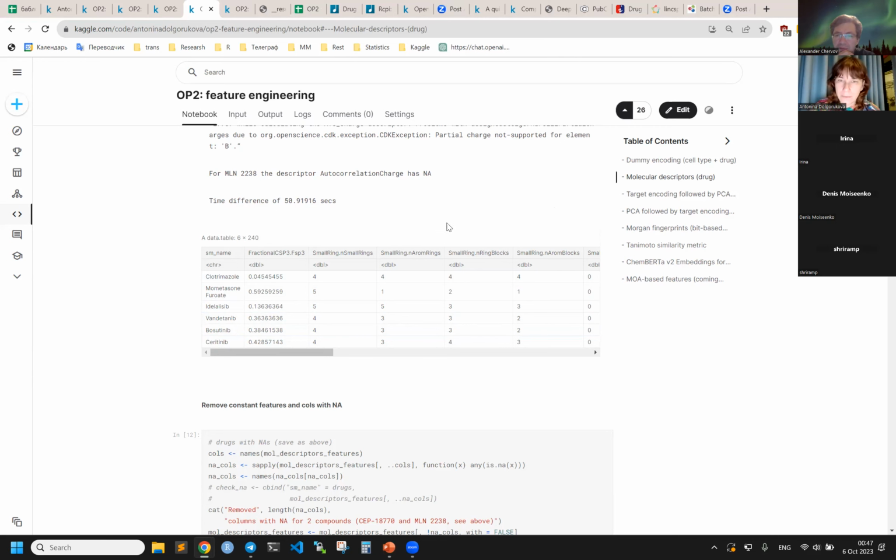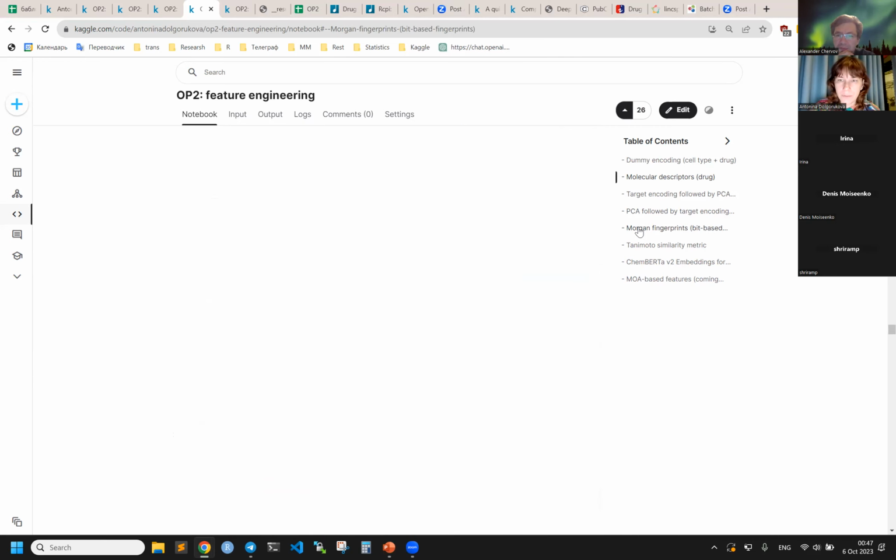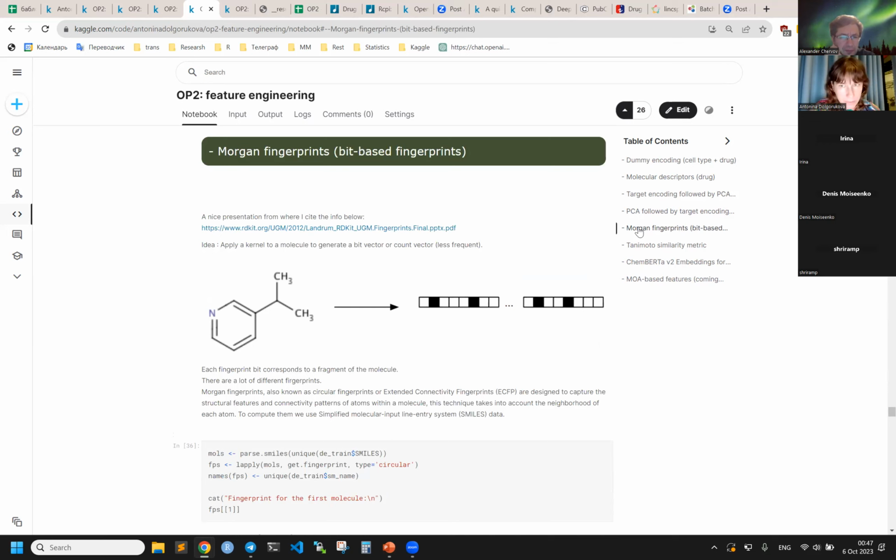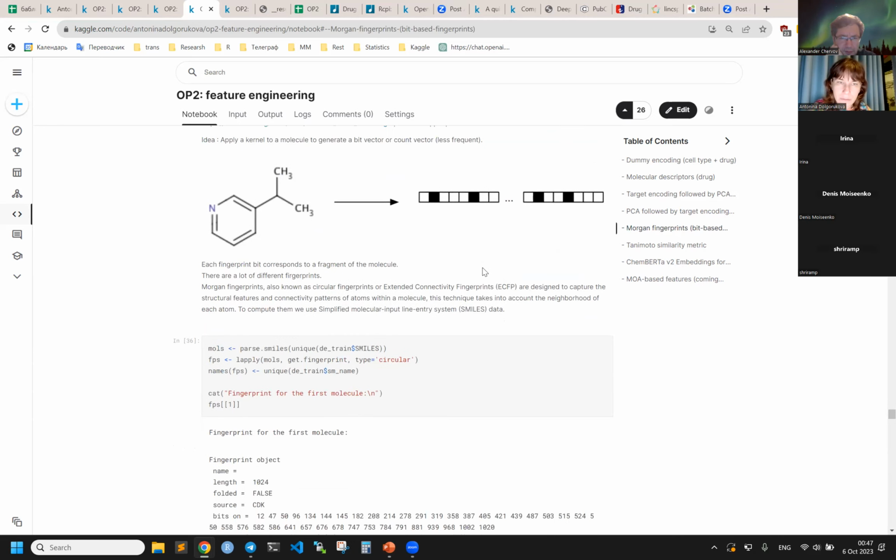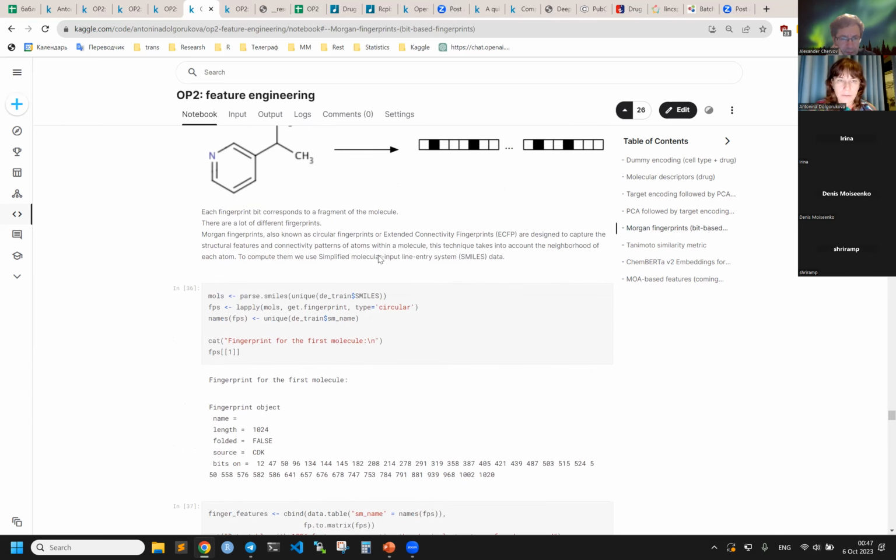The other thing you can get is Morgan fingerprints. Actually, Morgan is just one kind of fingerprint you can get from SMILES. The basics are here. You can read it after if you want. There are some links, I think.